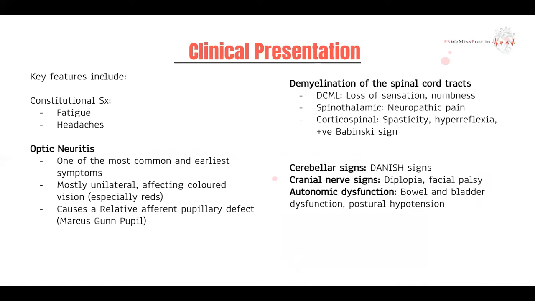What's basically happening is that you damage the cranial nerves as they're coming out, particularly your optic nerve. By doing so, you can have issues with vision and color. Specifically, you lose your sensitivity to the color red. What you also get is a relative afferent pupillary defect called Marcus Gunn pupil.